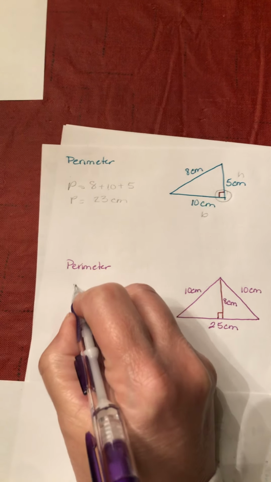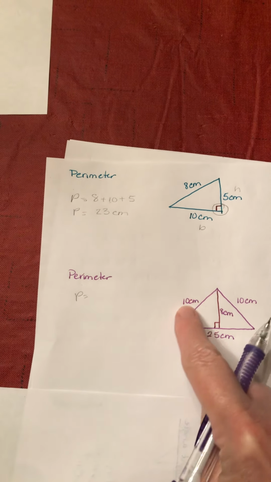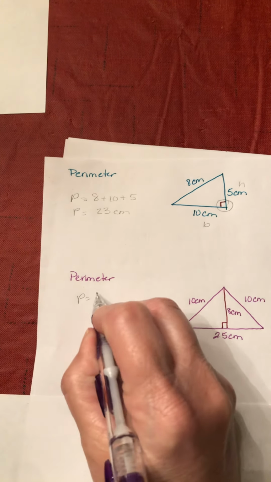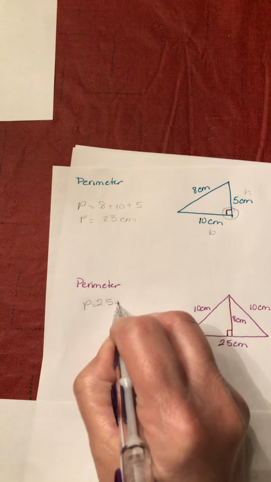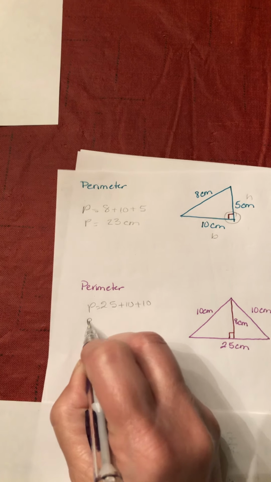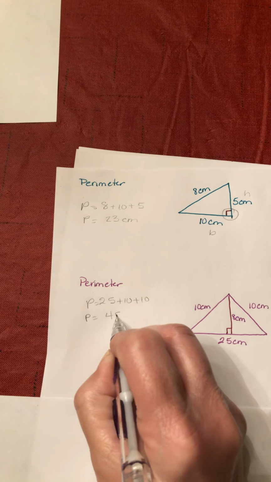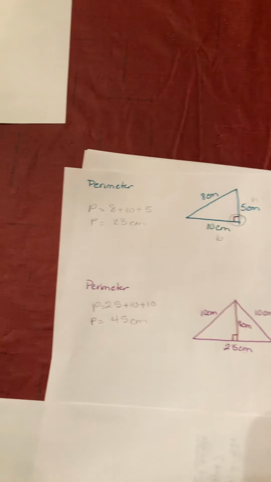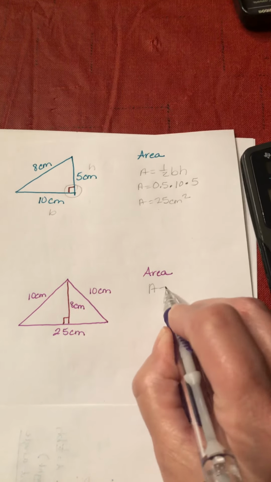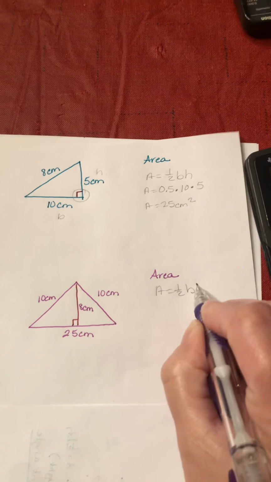All right, welcome back. So perimeter, remember, that's the outside of our figure. So that's going to be 25 plus 10 plus 10. And when you add those together, you get 45 centimeters. Nice. All right, now your formula for area is half base times height.